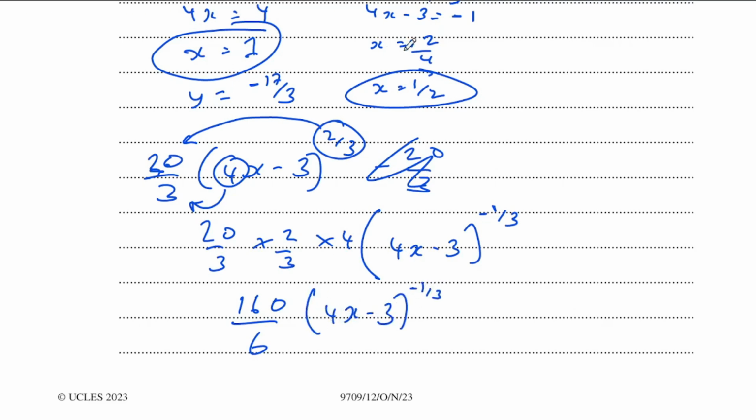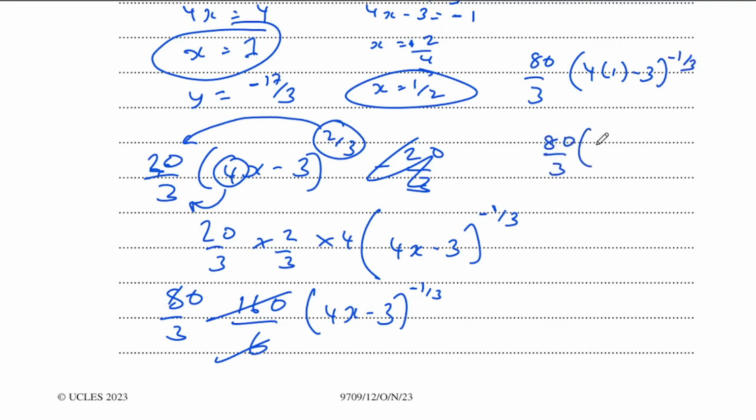Remember, x is 1 and x is a half, so we put both the values in here. So 160 divided by 6 is just 80 over 3, and we're going to do both of them. So 80 over 3, (4(1) minus 3) power negative 1 over 3, and 80 over 3, (4(half) minus 3) power negative 1 over 3.